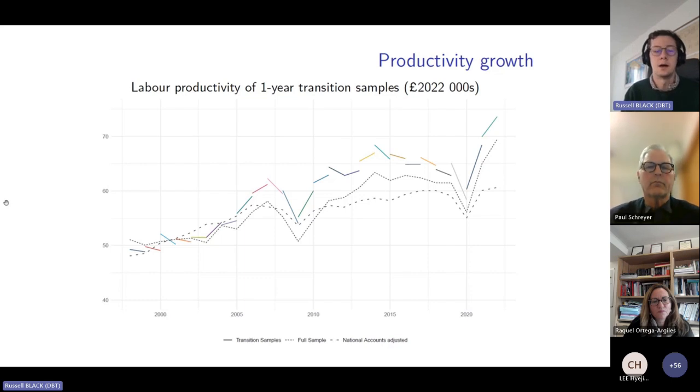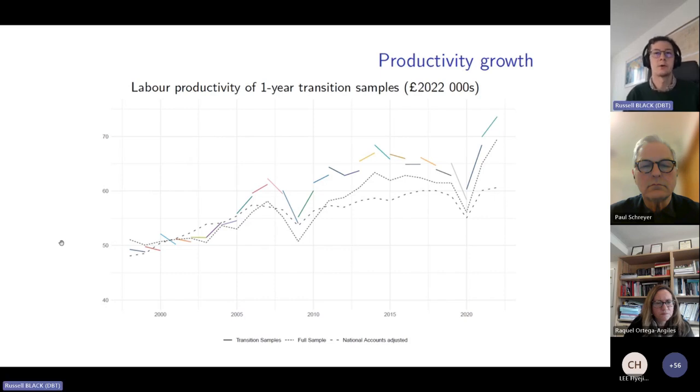So the dashed line here is the full sample, about the 30,000 businesses per year. And then the single lines are each transition year sample for the 1 year transitions.